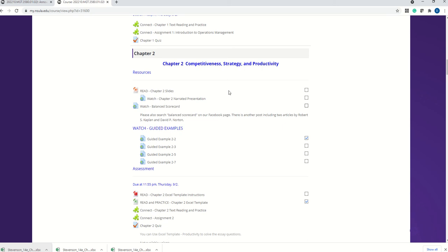Hello everyone. Today I'll explain how to use the Excel template to solve the Chapter 2 productivity problems. Under Chapter 2 assessment, you can download the Chapter 2 Excel template instructions and this Excel file to solve the problem.